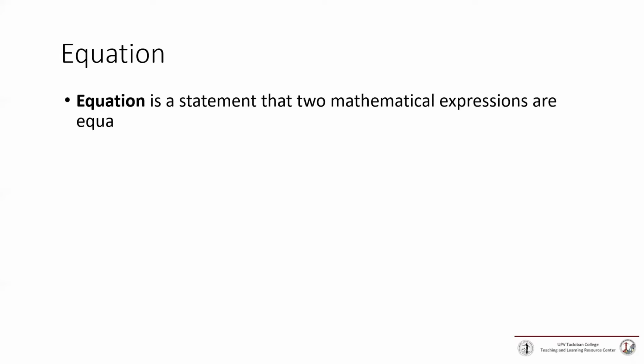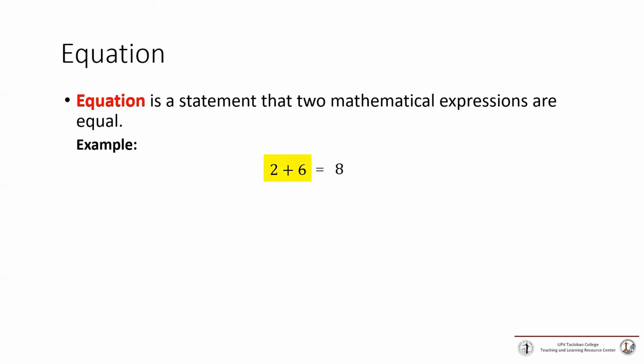So we start with the definition of equation. An equation is a statement that two mathematical expressions are equal. For example, 2 plus 6 equals, what is 2 plus 6? It is equal to 8.